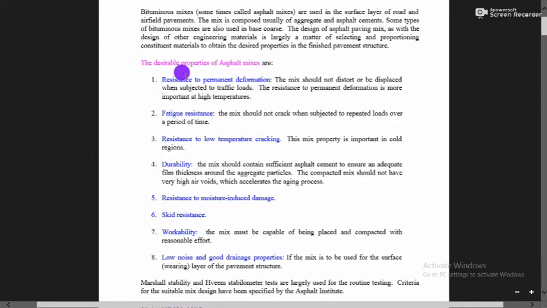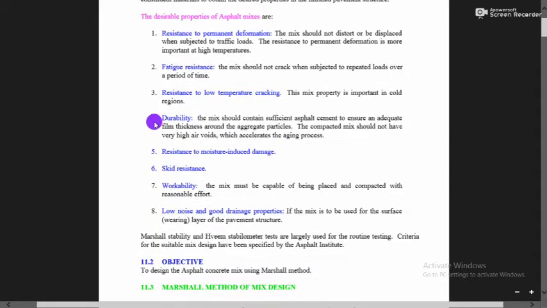The desirable properties of the asphalt mix are: 1. Resistance to pavement deformation. The mix should not distort or be displaced when subjected to traffic loads. The resistance to pavement deformation is more important at high temperature.